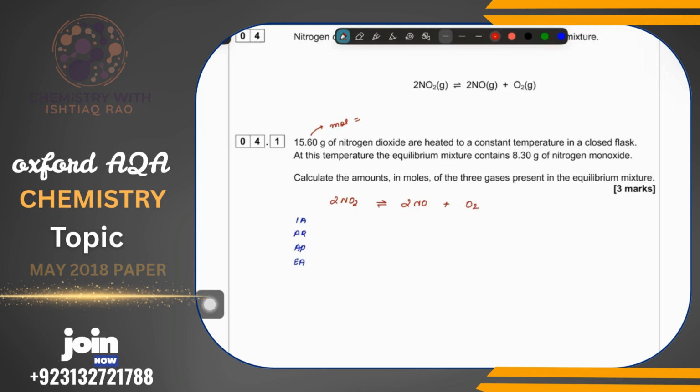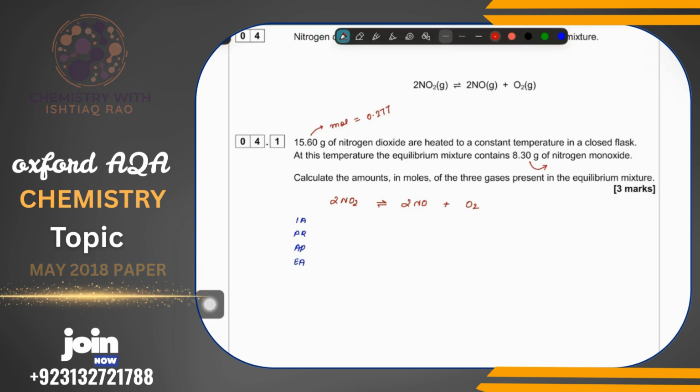0.33 moles for nitrogen dioxide, and as for nitrogen oxide, 0.277.